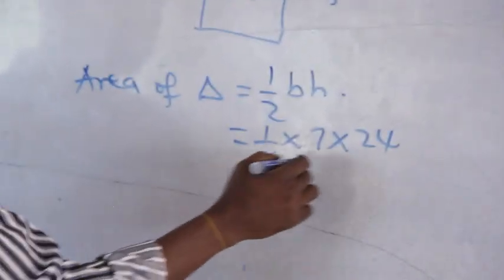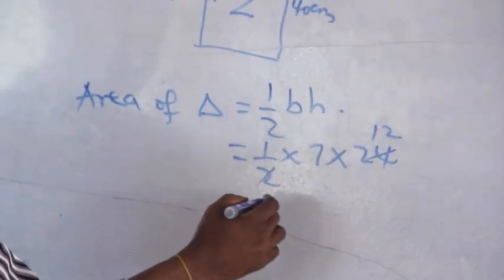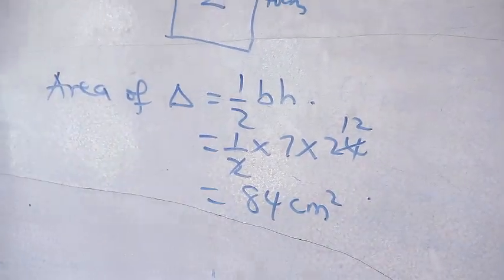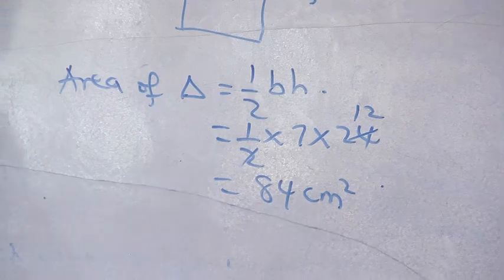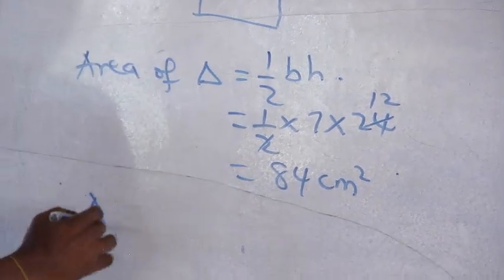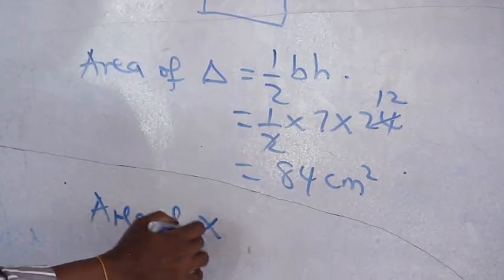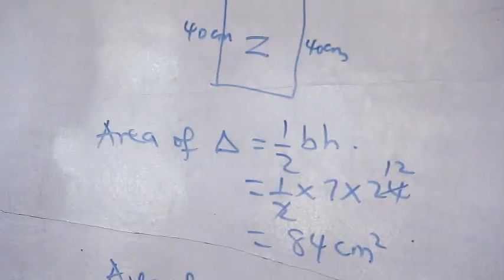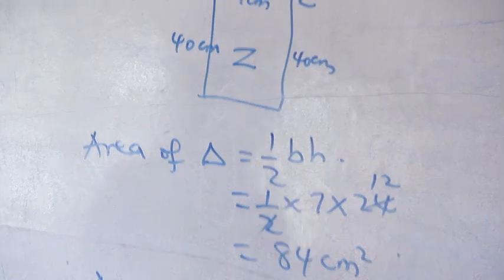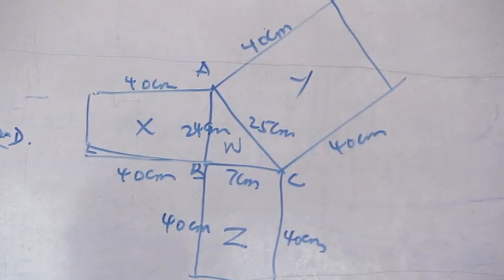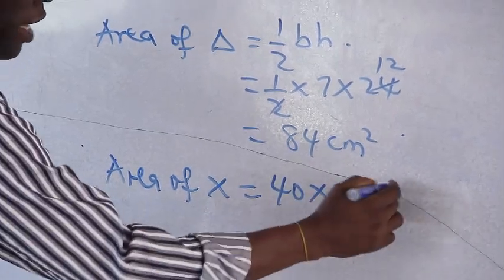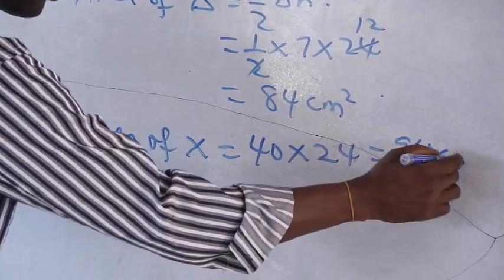Then what do we have? 2 here 1, 2 here 12. We have 84 centimeter square. So that is the area of the triangle. Then area of X is 24 times 40. You know, area of rectangle is length times breadth. So we have 40 times 24, or 24 times 40, 960 centimeter square.